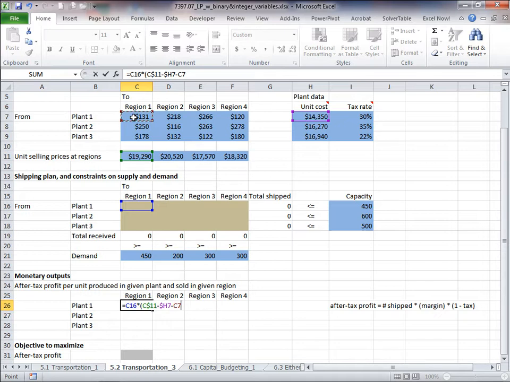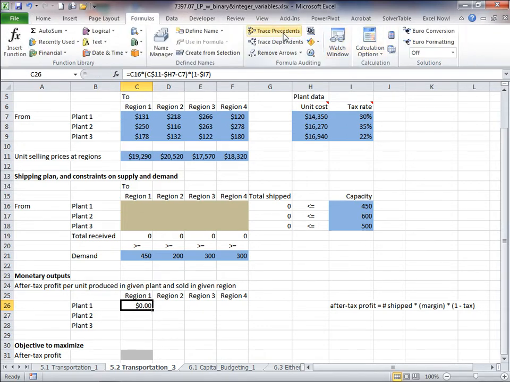All right, so there's my margin times 1 minus, and again, my tax rate, I want to fix the column, right? Okay, so let me just trace the precedence from that formula, okay?